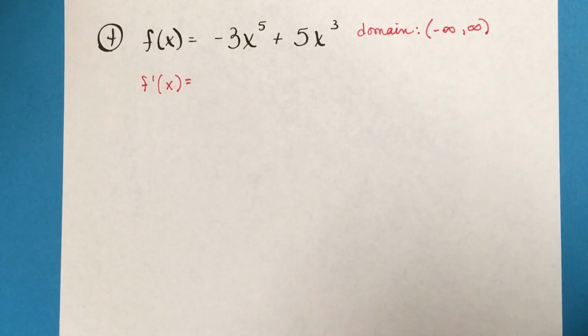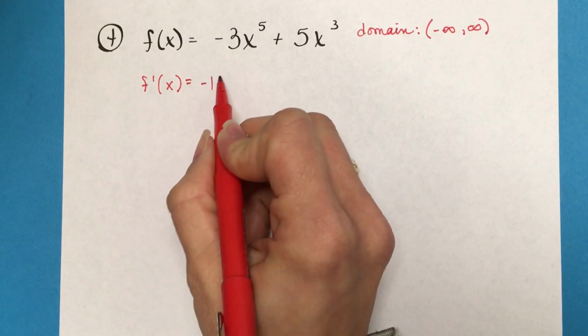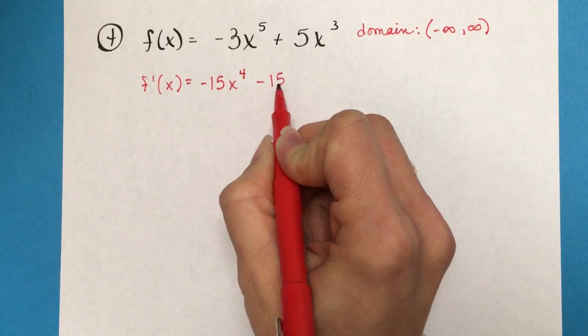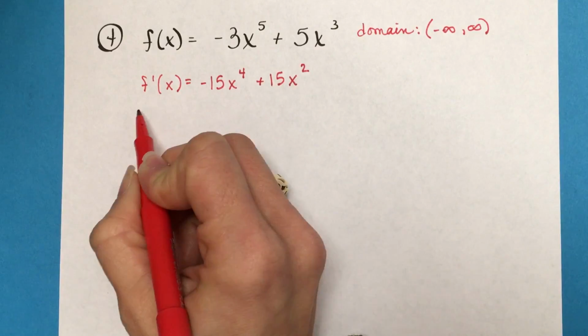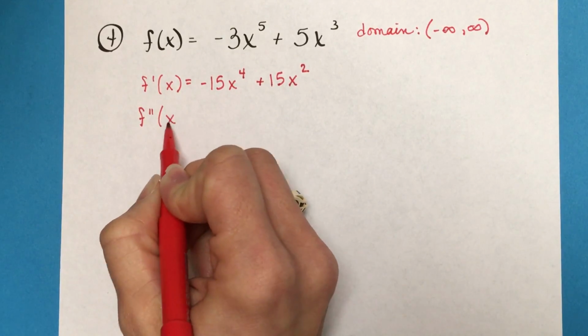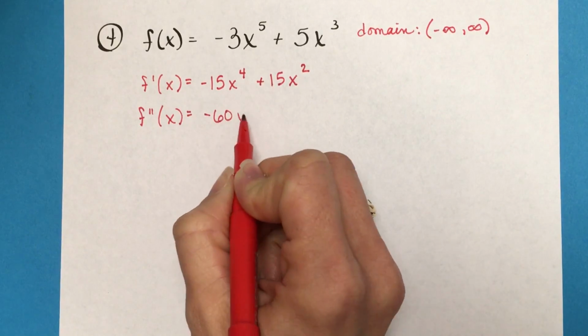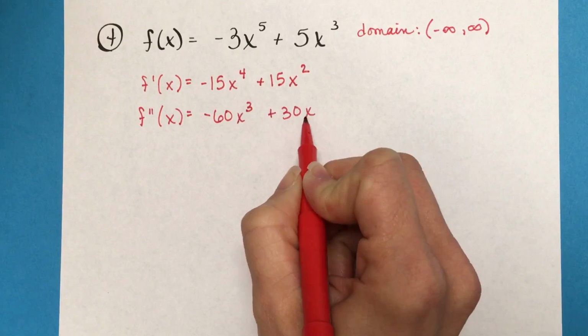Of course, these are just power rules that you would have with taking the derivative here. So negative 15x to the fourth minus 15x squared. I'm sorry, plus 15x squared. And then second derivative is going to give us negative 60x to the third plus 30x.